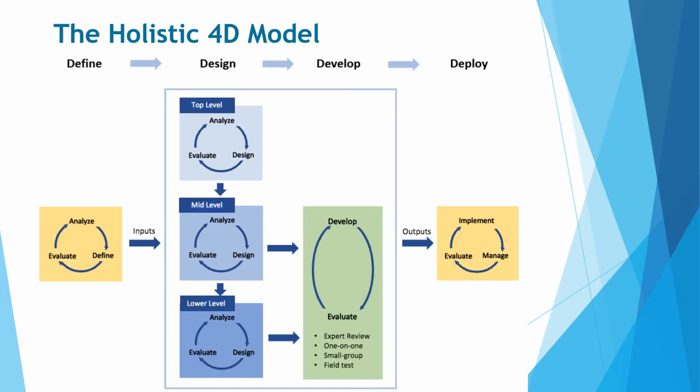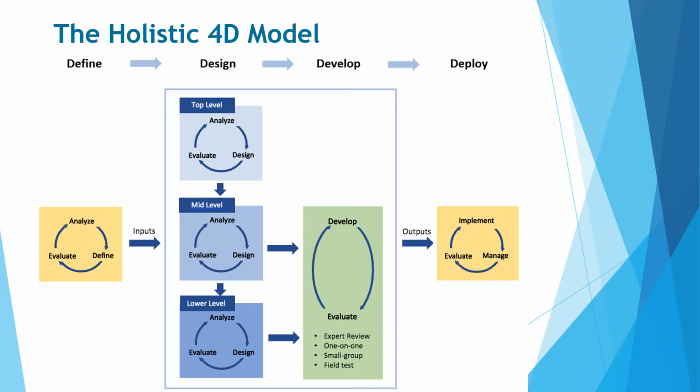But first, here is a graphic of the model. It is called the Holistic 4D model because it takes a holistic approach to instructional design, represented by the 3 levels of design shown here, and it is organized into 4 major activities: define, design, develop, and deploy.